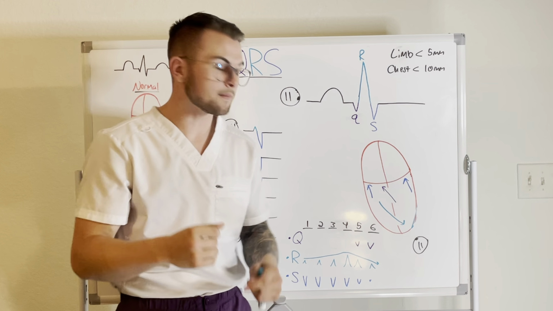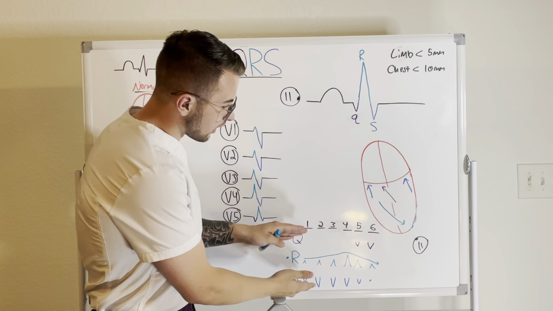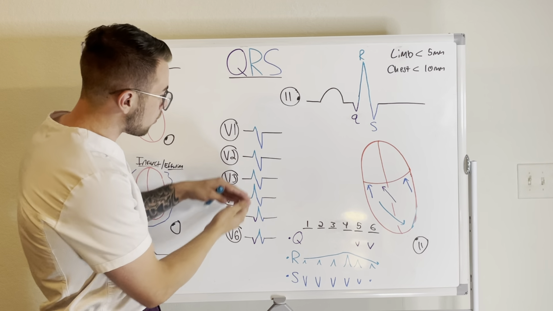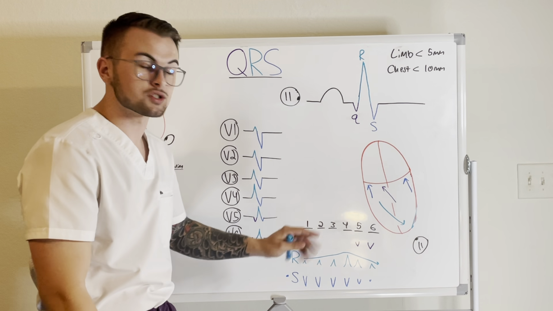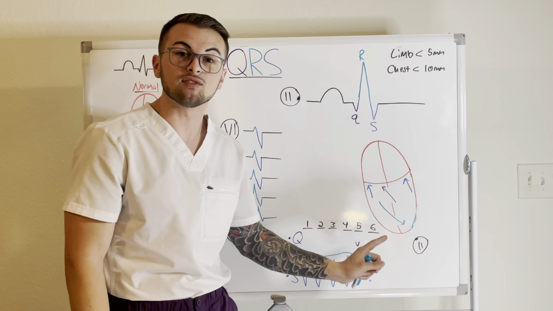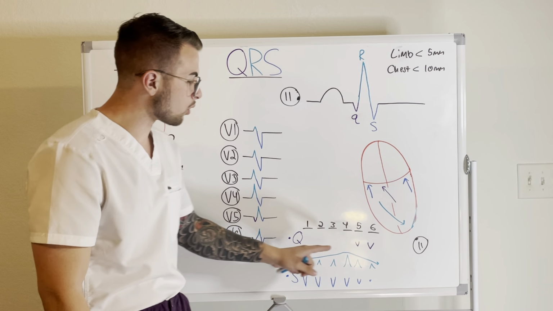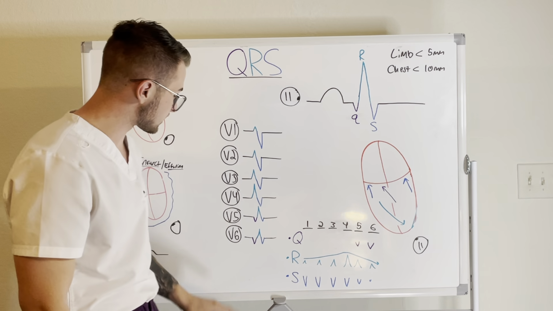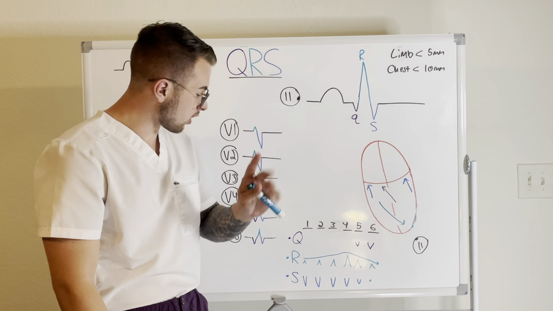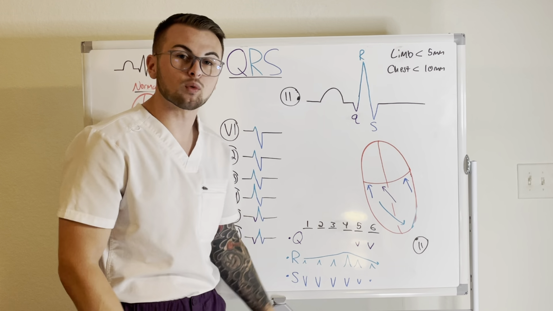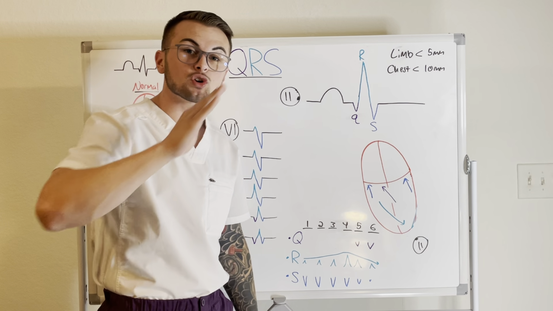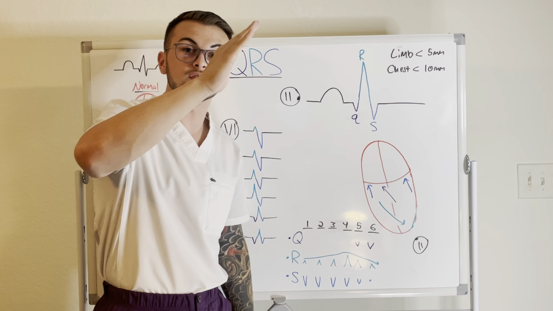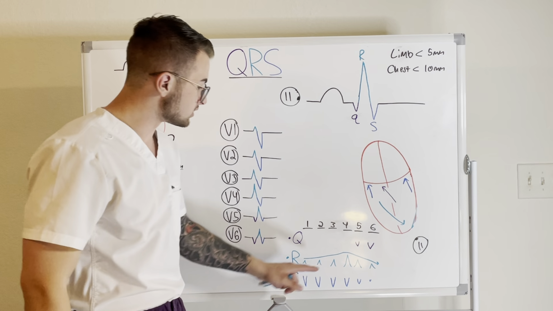So normally, I've drawn this out in two ways for us to see. I've drawn what the normal progression looks like, and I've also drawn it in this way if you learn it this way. So we know that the Q wave will start to appear in leads V5 and V6, also shown here. We've also seen that the R wave will have a steady rise or progression from V1 to V4 and then back down to V6.